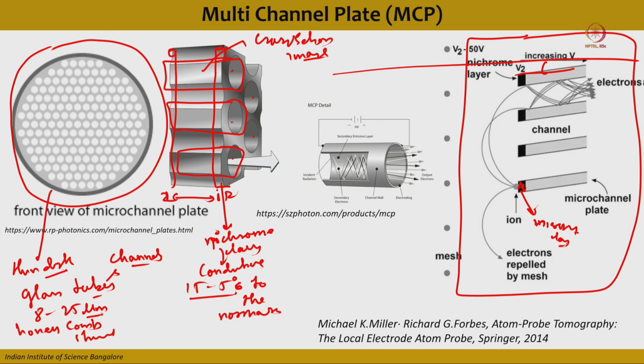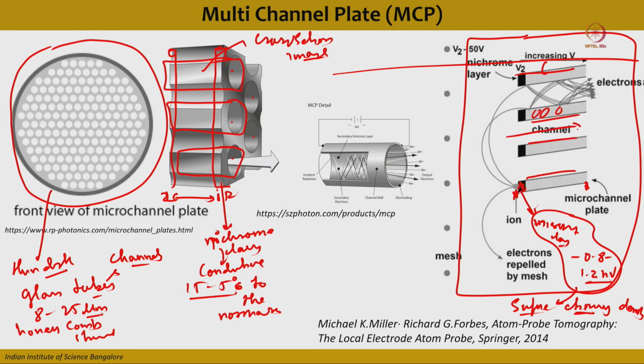Now if you apply a voltage between the two surfaces of the multi-channel plate, the front part and the back part, typically minus 0.8 to 1.2 kilovolt, it will create a very high surface charge density on the surface of the glass tube.